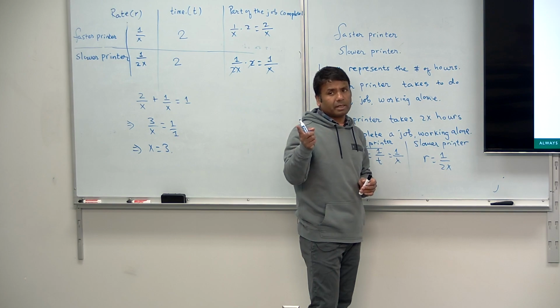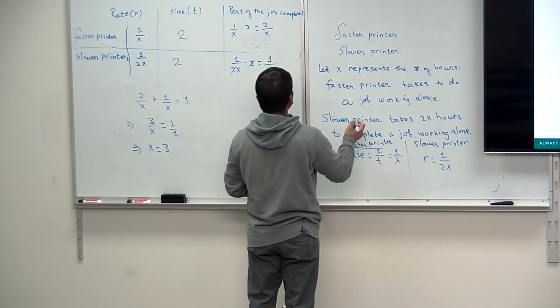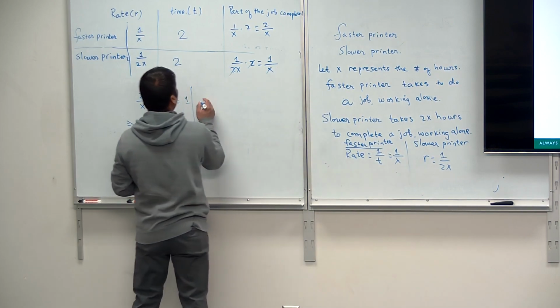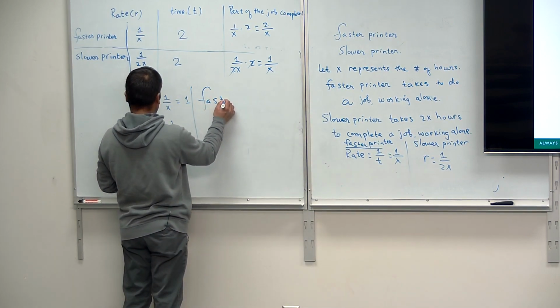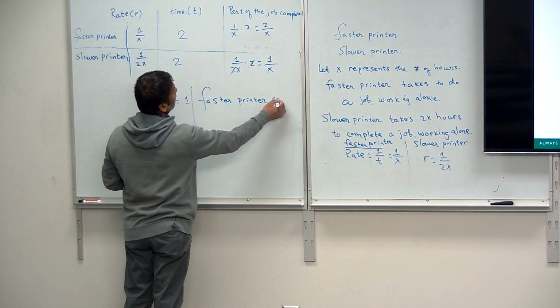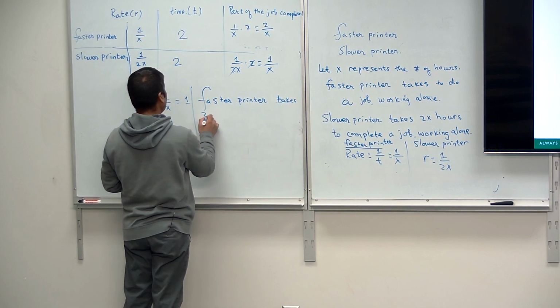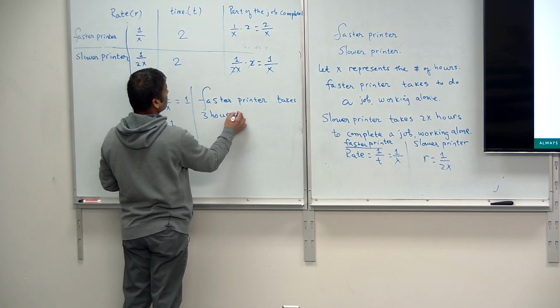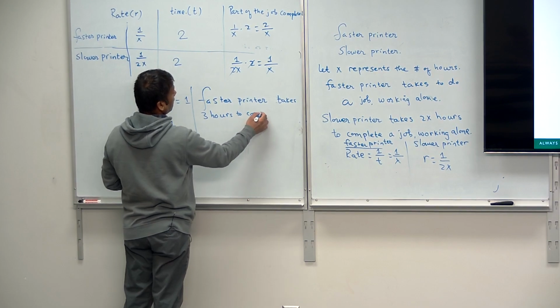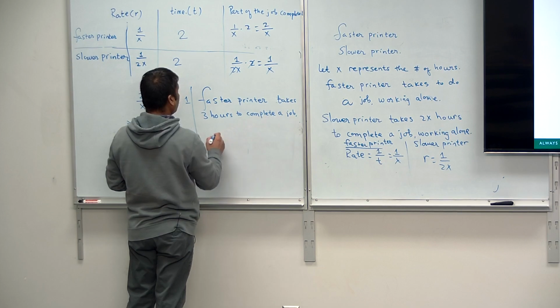Did I make sense? So now the faster printer can take 1 hour. Sorry, 3 hours. I'm sorry, guys. The faster printer takes 3 hours to complete a job working alone.